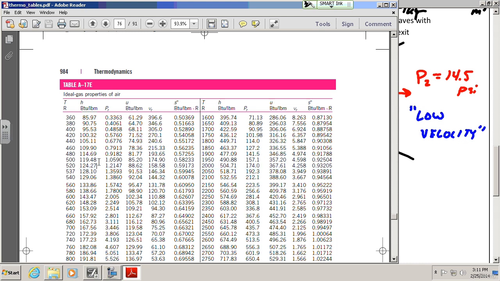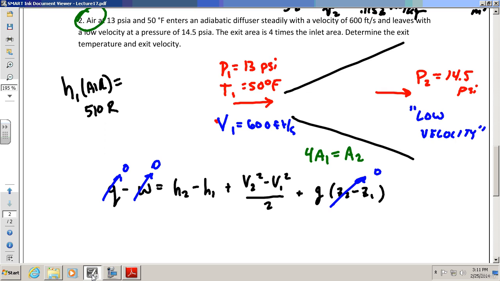But I don't have 510. But no big deal, right? That's a simple interpolation. 119.48 plus 124.27 divide by 2. Oh, you get 121.9.